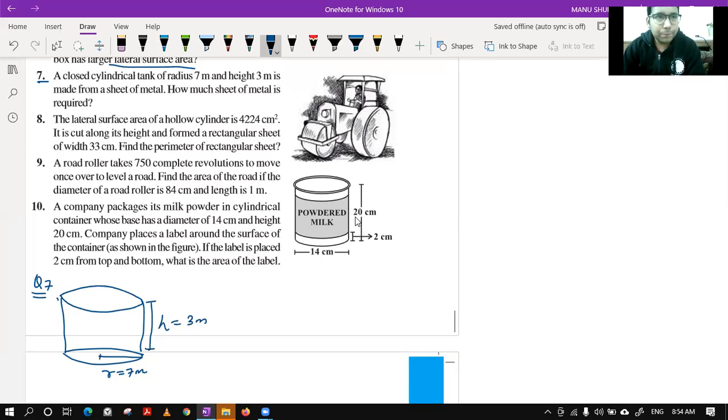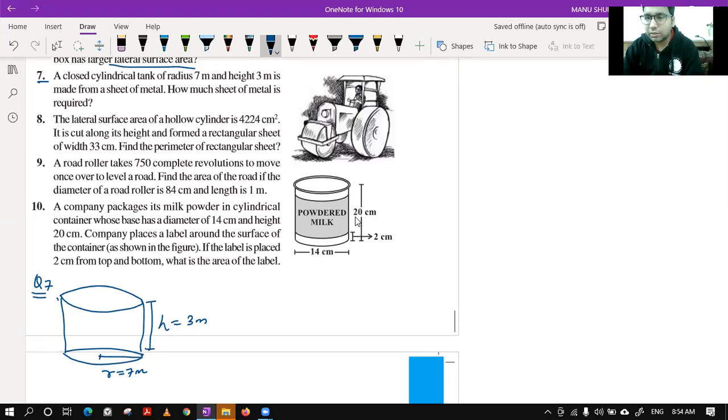Then they are saying made from a sheet of metal. Okay, how much sheet of metal is required to make this cylindrical tank? Very simple. If you are having a metallic sheet and you want to cut the required area to make this cylinder of height 3 and radius 7, how much area you will take out of that metallic sheet.